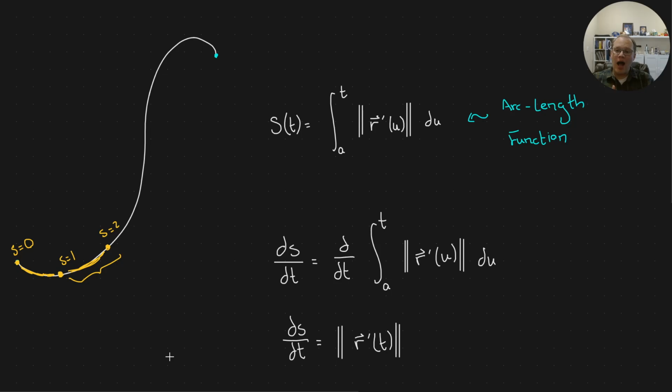So I want to find a parameterization for the curve that uses the arc length as the parameter. If I'm plugging in s equals 3, then the point this parameterization gives means that I've traveled 3 units from the starting point. So how do I do that?